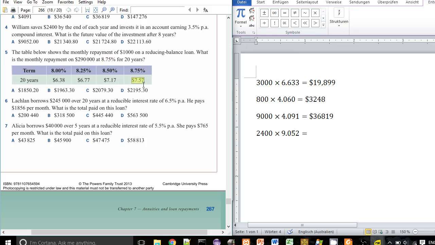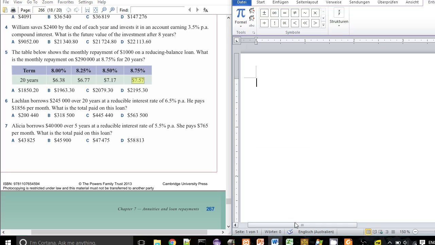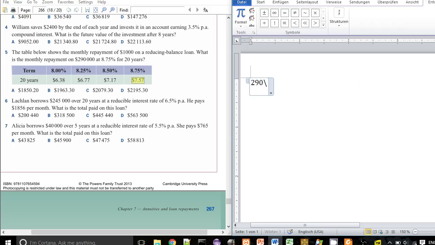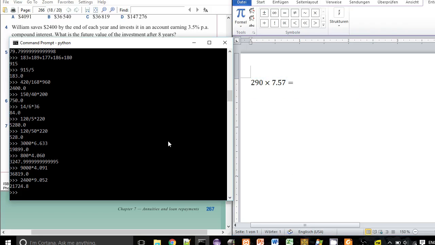Now this is per $1,000. If it was for $1,000, and we've got $290,000, we need to times this by 290, and that tells you the monthly repayment. So 290 times 7.57.